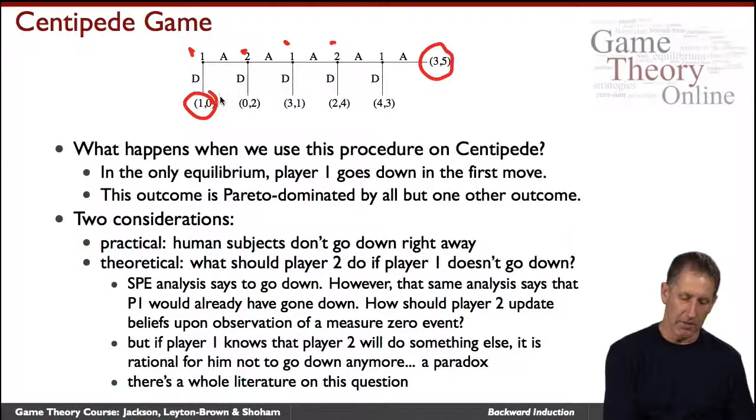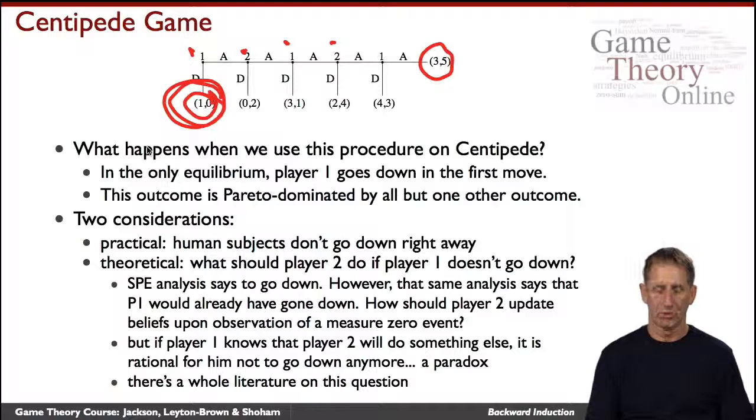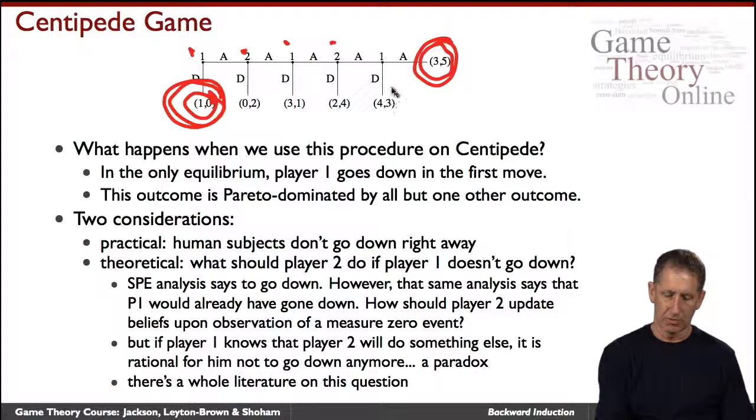So the only subgame perfect outcome is this one, where the first player defects immediately, goes down immediately, which is, of course, similar to the prisoner's dilemma, and is a little counterintuitive, because had they only had the good sense to keep going, they would have gotten something in the ballpark of this or this, both of which are much better for both than here.